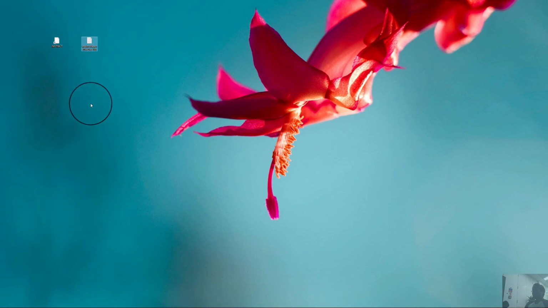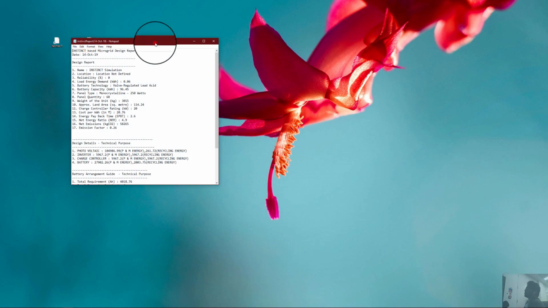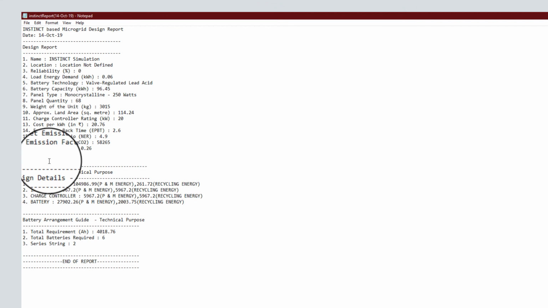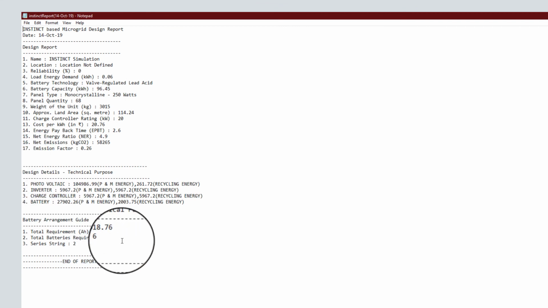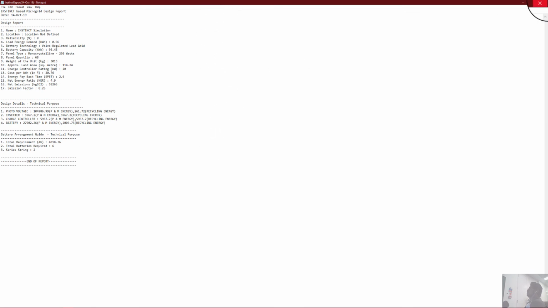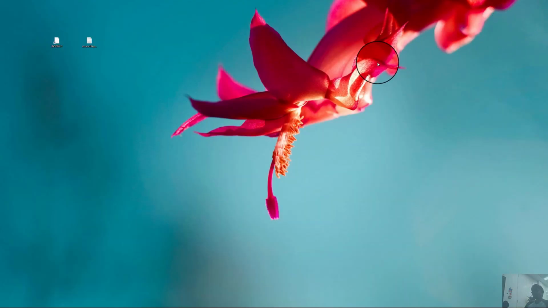So it looks like this. It's a text document, so you can read it anyway. It gives you all the necessary details required for the particular simulated system. So that is the main process which is used for instinct simulation.